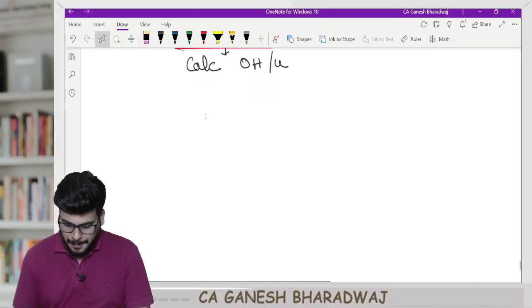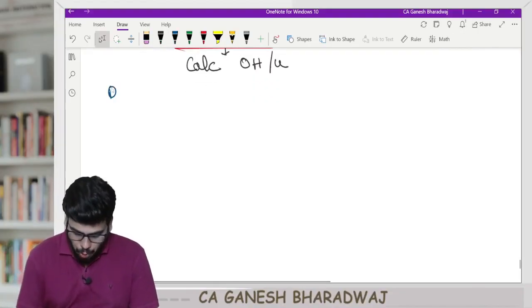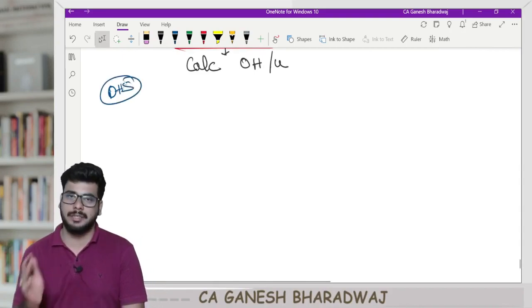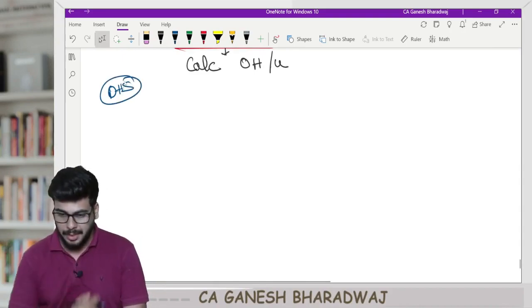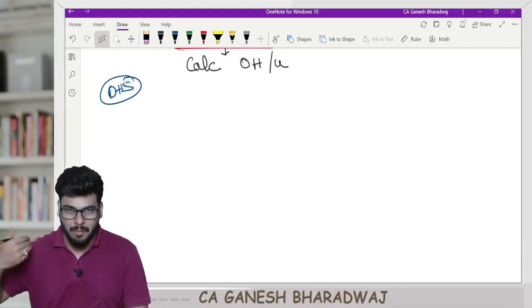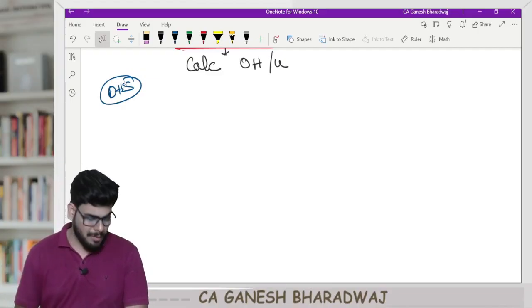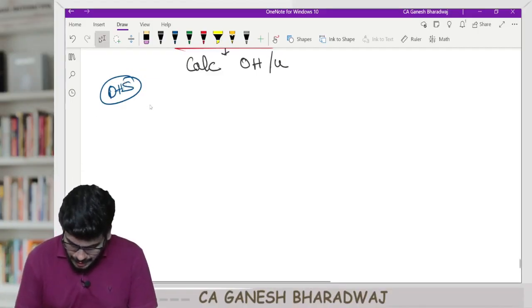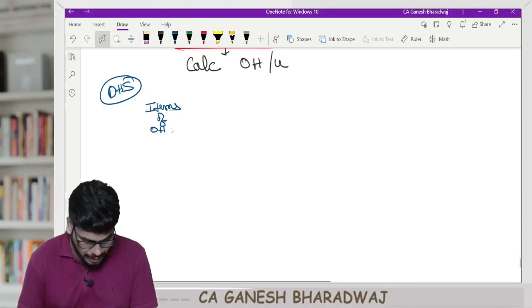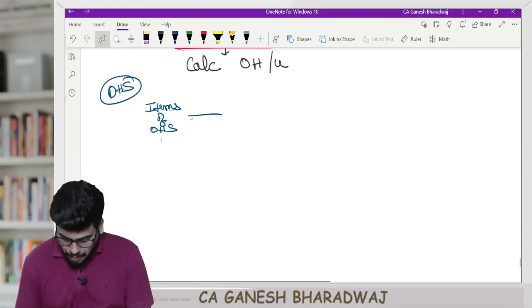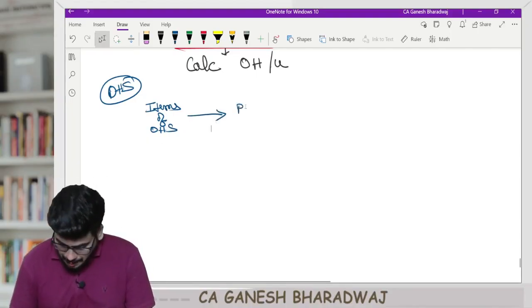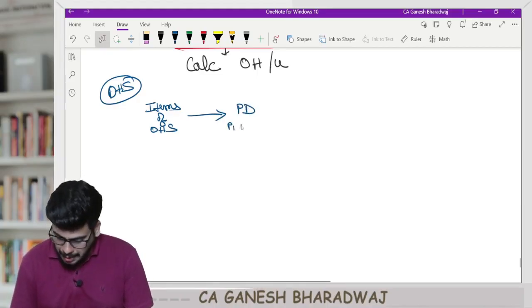In the previous chapter, overheads, the absorption costing system is called a traditional costing system. ABC is basically your modern way of dealing with overheads. It's a modern costing system. In overheads, first we had multiple line items of overheads. Then we did a primary distribution, that is, we distributed the overheads to all departments, P1, P2, P3, S1, S2.